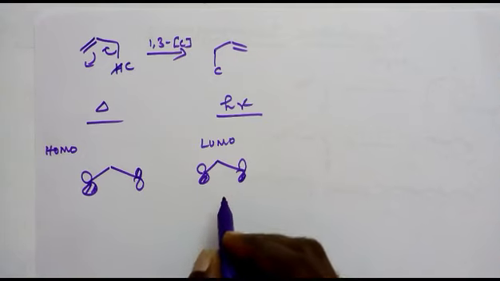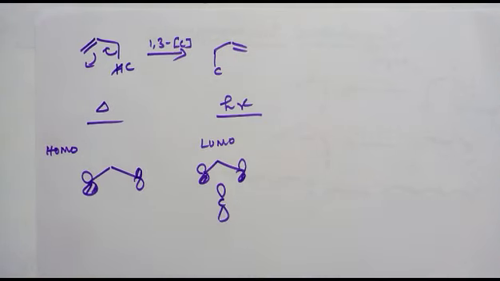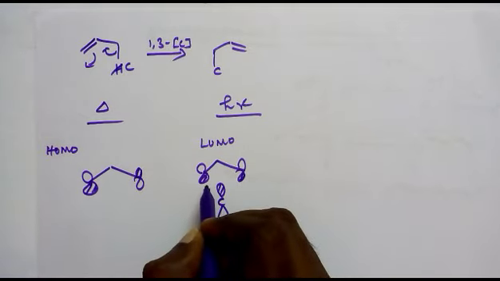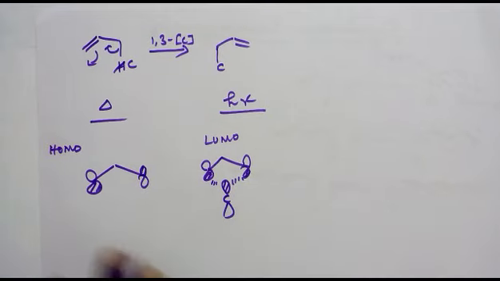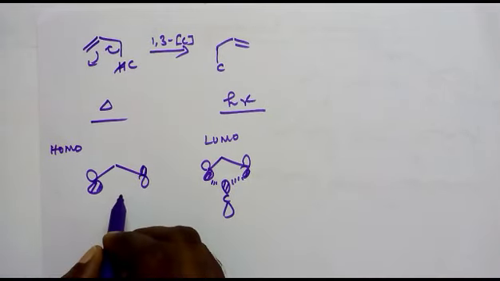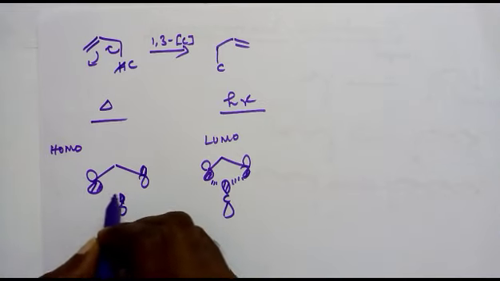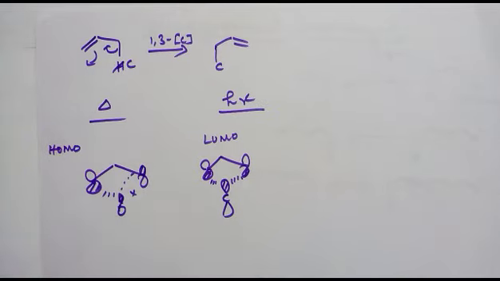How does carbon differ? Carbon has a p orbital, a dumbbell shape, while hydrogen has a spherical s orbital. Carbon uses a single lobe in the suprafacial overlap. Here it is symmetry allowed, but here it is not possible, only antarafacial.